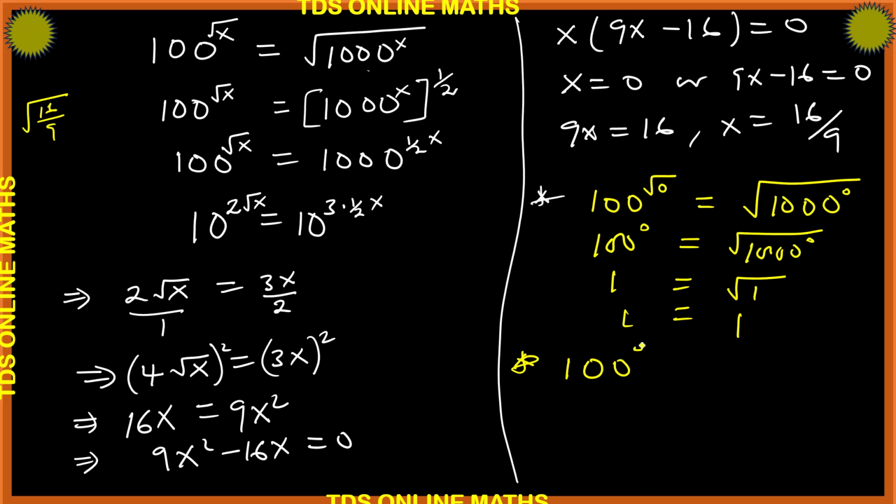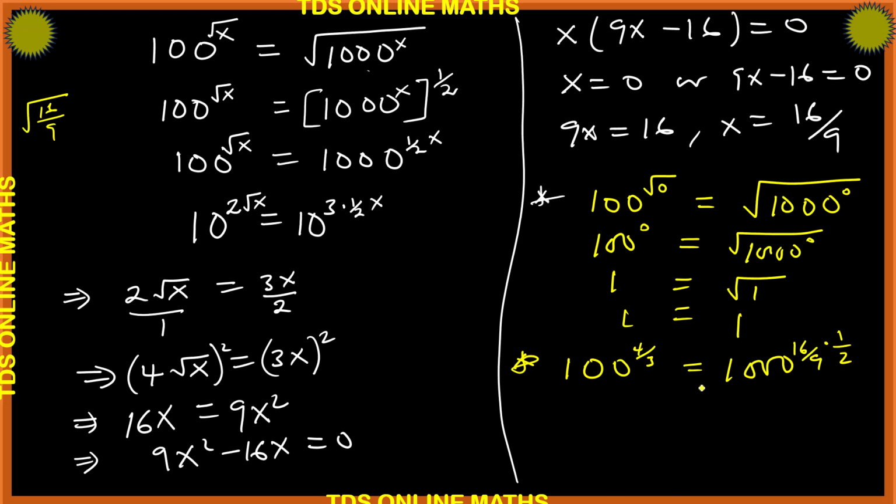And on this side, if I plug in 16 on 9, it will be 1000 to the power 16 on 9 times, and the root sign will turn into half.